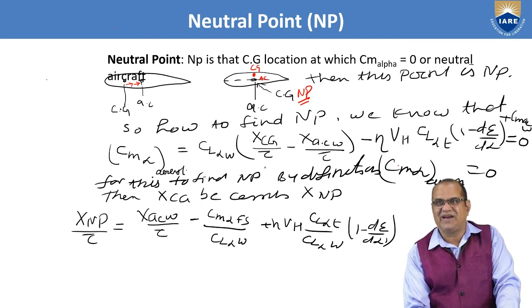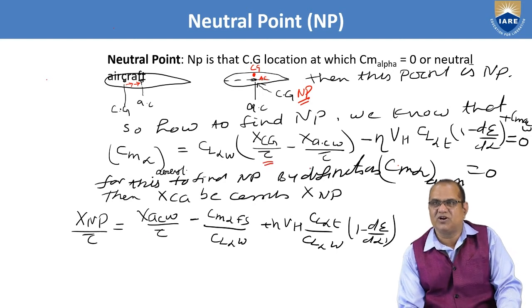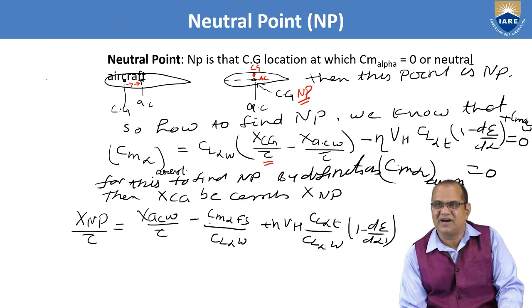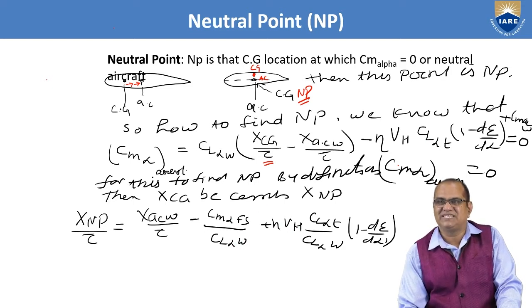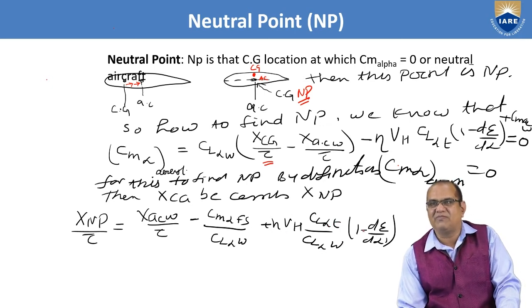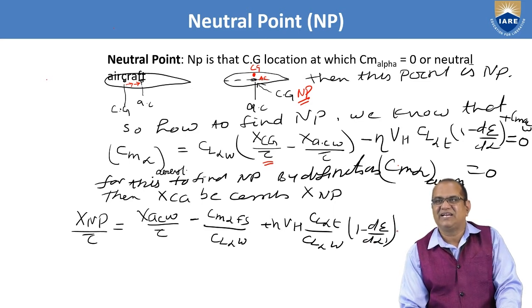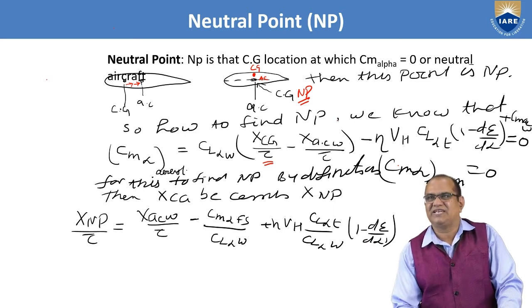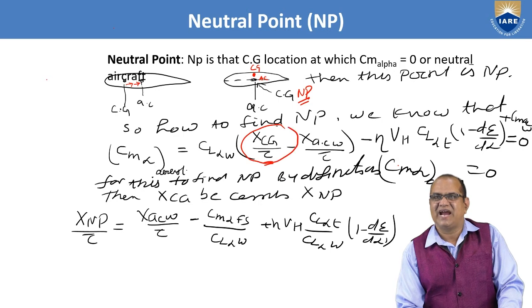So XNP by C bar is equal to XAC by C bar minus CM alpha Fs over CL alpha W plus eta VH CL alpha T divided by CL alpha W times 1 minus d epsilon by d alpha. This same equation we have taken and made into XNP.